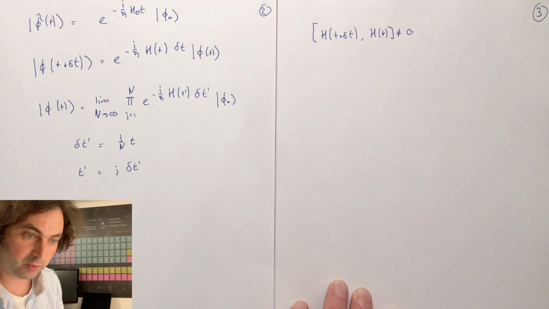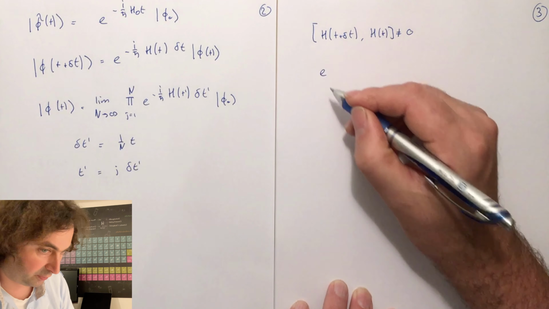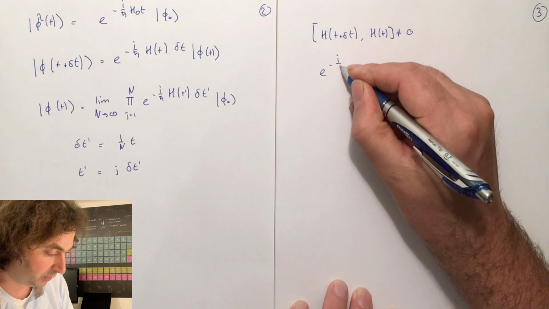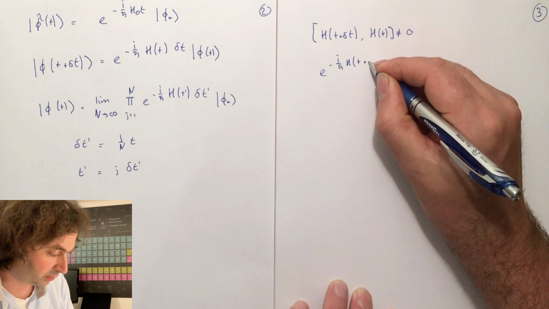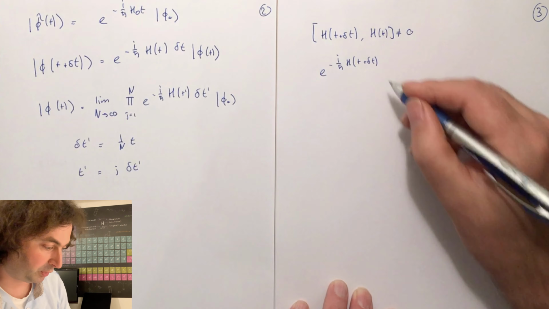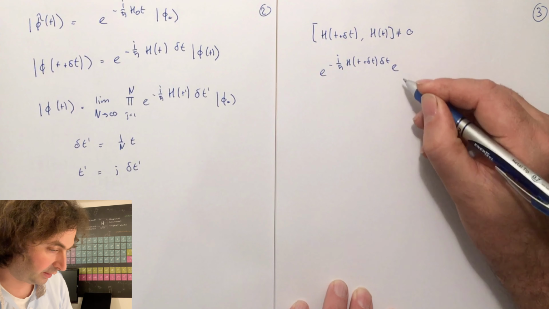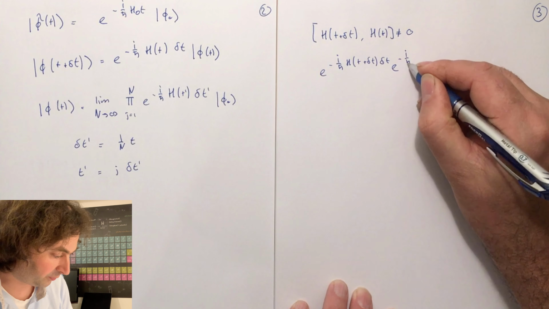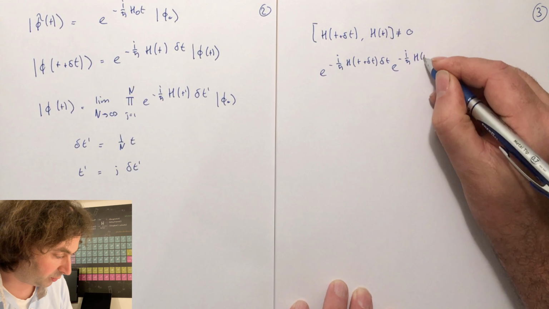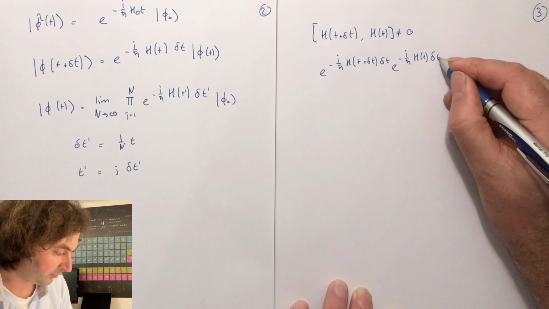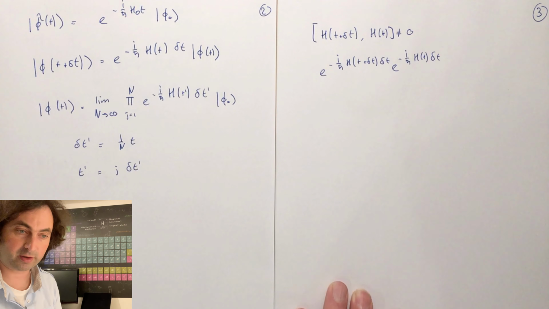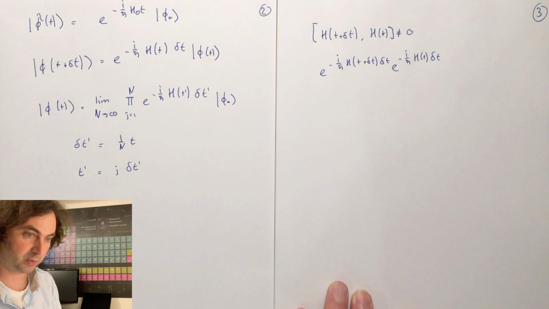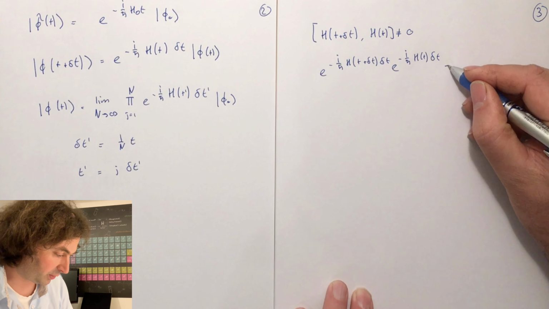So when the commutator is non-zero, then we have to be a bit more careful, but we can still multiply our exponentials at two different times, if we take into account that in our product we have the later times always to the left of the earlier times.